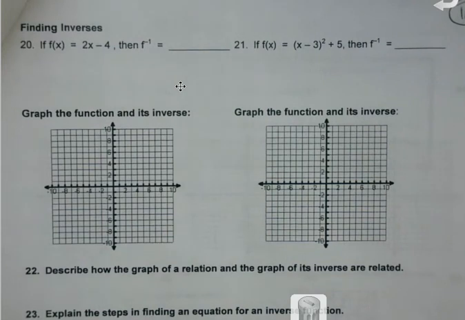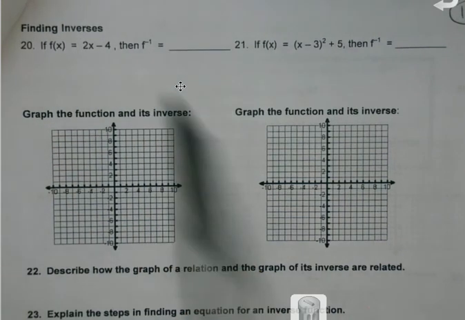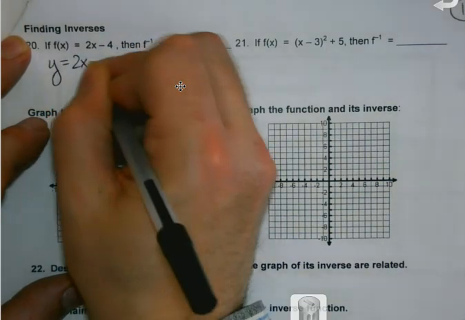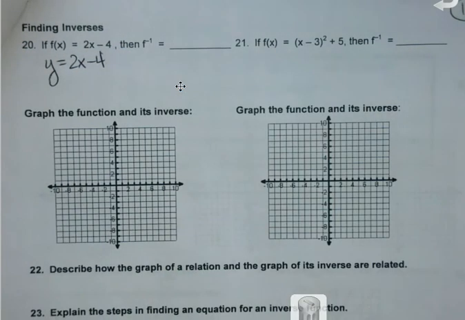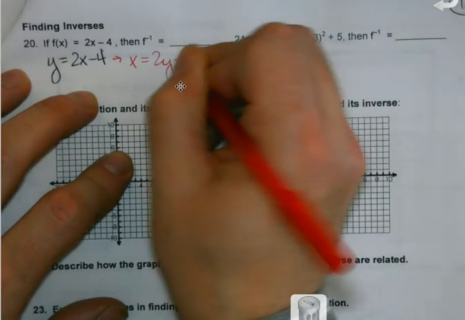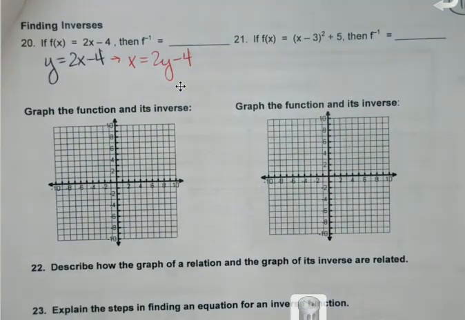So I've got to go ahead first and find what my inverse is going to be. And again, we can call that f inverse, y inverse, whatever we want to do. But again, we're going to switch y in for f of x. Then we're going to flip those guys around, and we're going to solve for y.